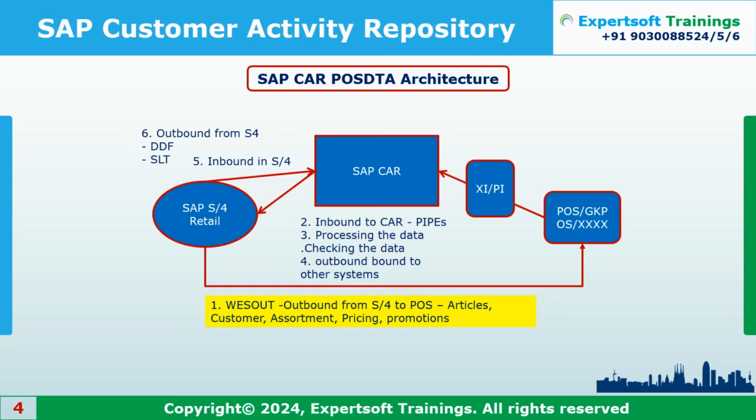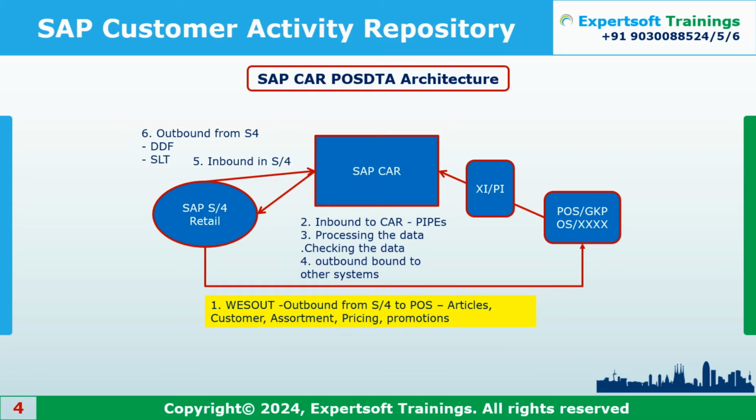Once the data is there in CAR, the second thing is when the POS data comes. If you look at the right of the screen, the POS data comes through PI. PI is our SAP standard middleware, and that gets fed to CAR. When the actual sales data comes into CAR, there is a data validation.